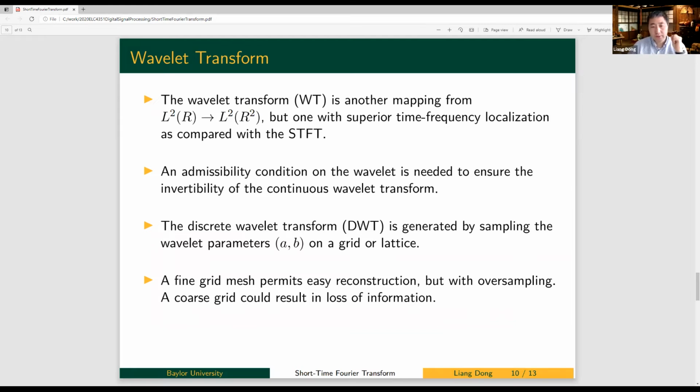The wavelet transform, WT, is another mapping from L2(R) to L2(R²). Now, let me explain what this means. R is real, and L2 is the L2 space, with the L2 norm. You can think of that as a Euclidean space, where you check two points using the Euclidean distance.